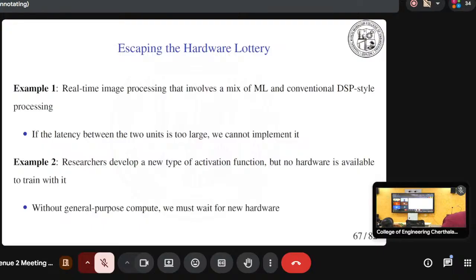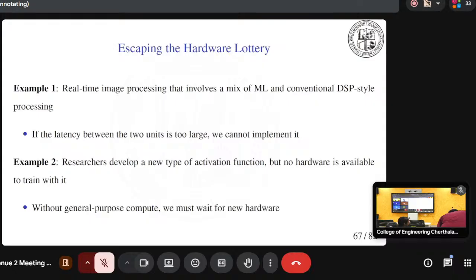An example two: researchers develop a new type of activation function, but there is no hardware available for it. So what is the problem with the activation function? If you look at the sigmoid activation function, it has an exponential value, and you know that exponential values we cannot implement easily in hardware. Okay. So what will be the possible solutions in example one and example two, to escape the hardware bottleneck?